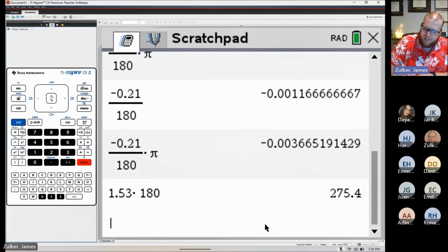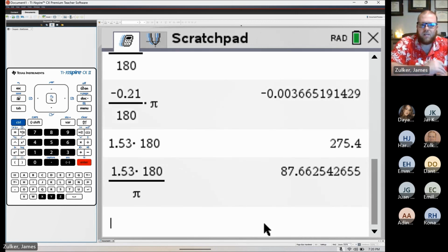Or just get rid of the pi, and you get 87.7.